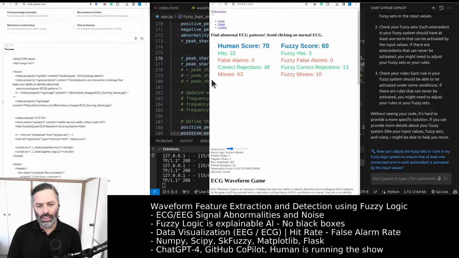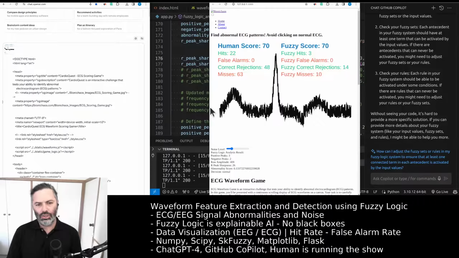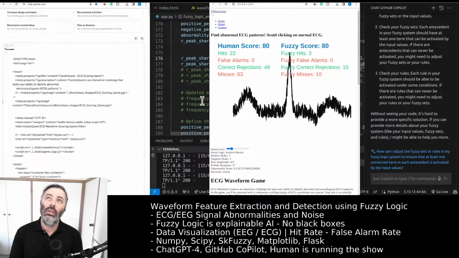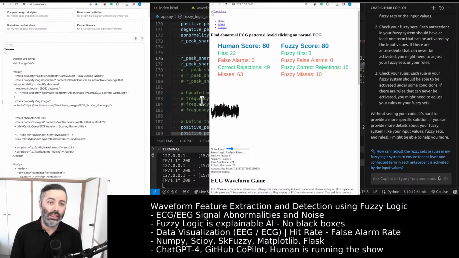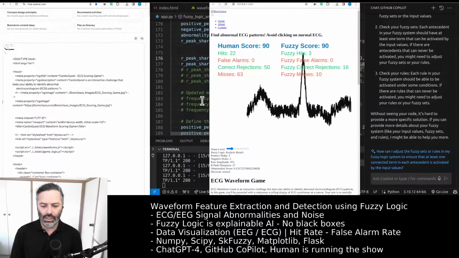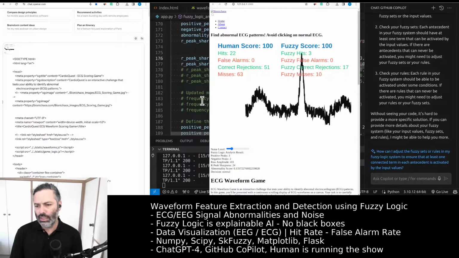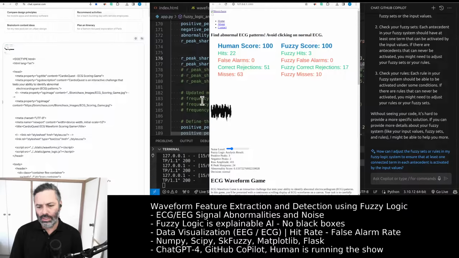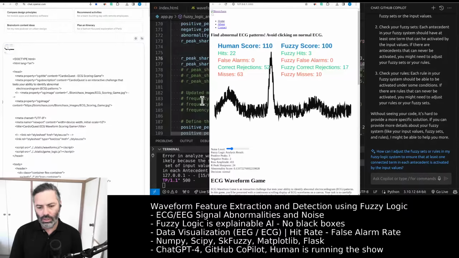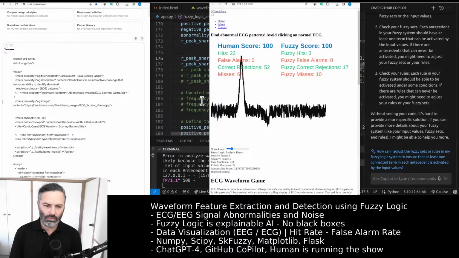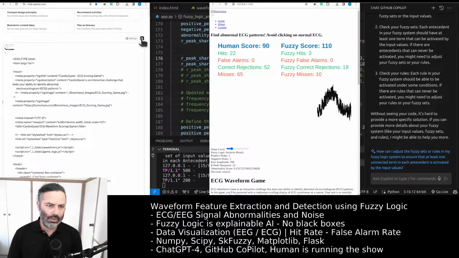Also for the peak sharpness, we want 3 levels, low, normal, high, instead of just normal and abnormal. We'll have to modify the fuzzy logic rules to reflect that change.